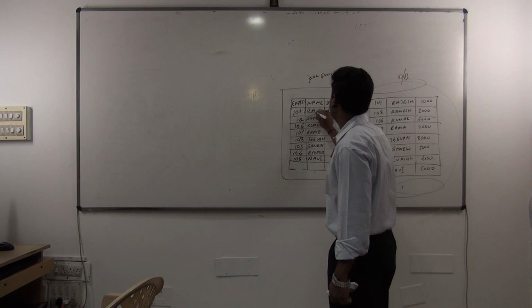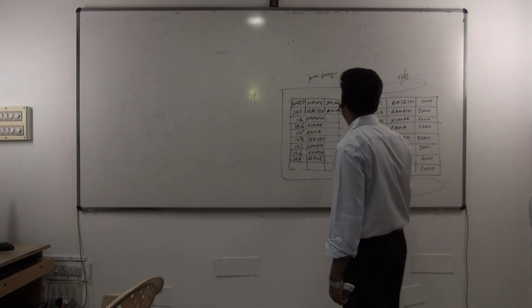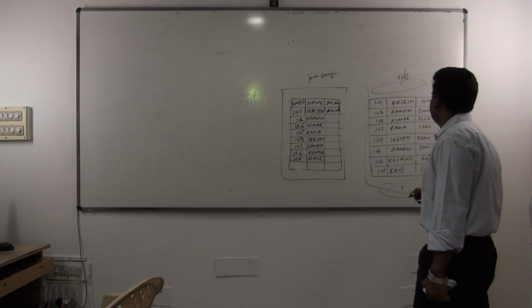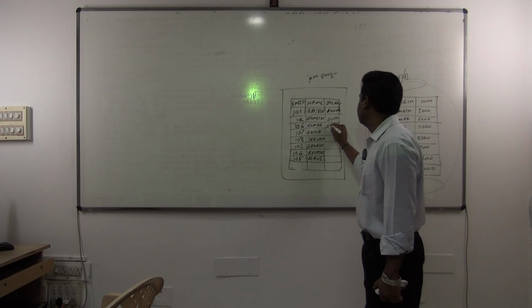Okay, this first one is Rajesh 1000. You think I'm correct now? Because it's very important now, because you're going to update it.